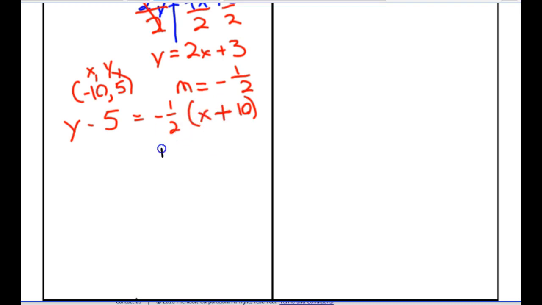Then we have to get rid of our parentheses, so we're going to draw our box. The negative 1/2 goes out front, and the x plus 10 goes on top. Negative 1/2 times x is negative 1/2 x. Negative 1/2 times 10 is negative 5.